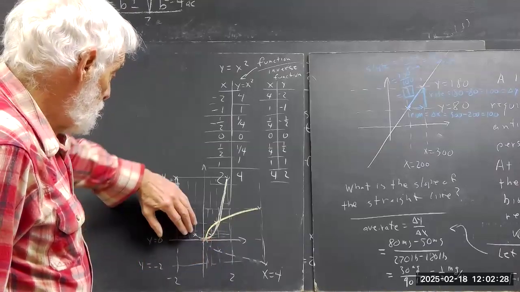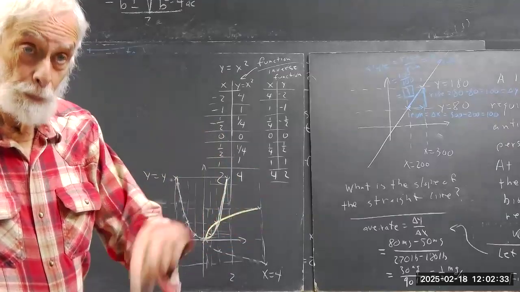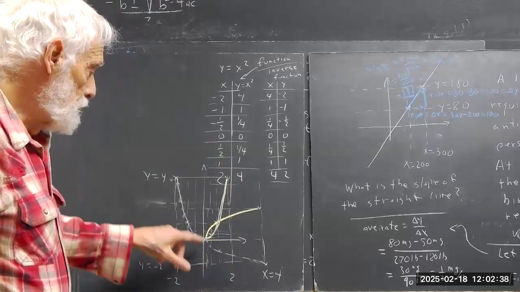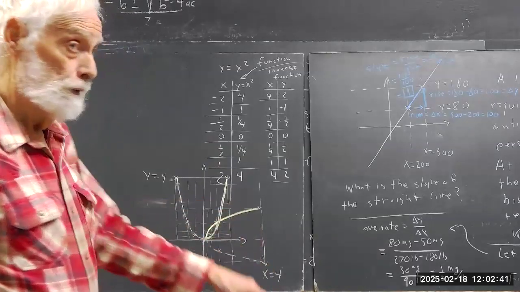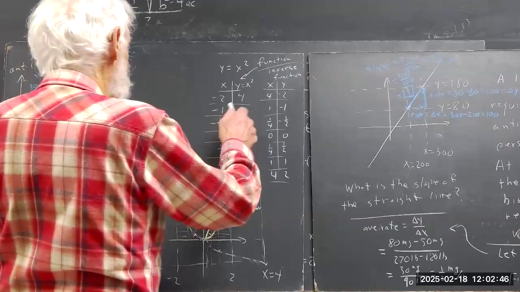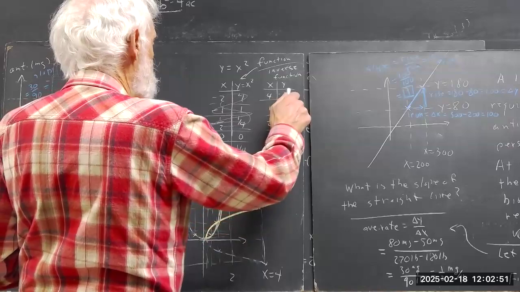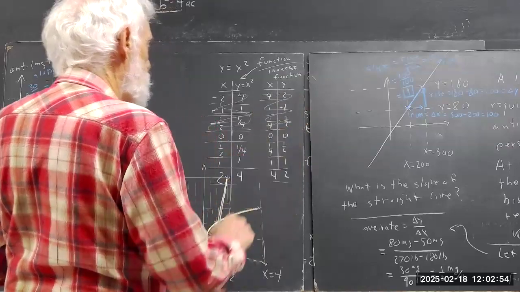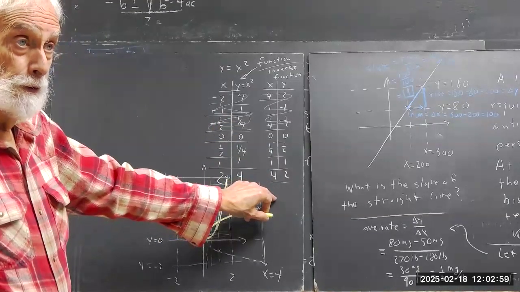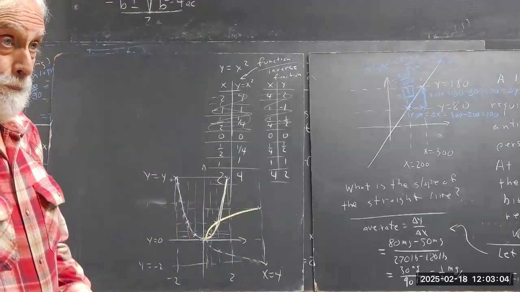If I remove this branch, the function is 1-to-1. Every horizontal line goes through the thing at exactly one point. There's exactly one x. I kind of cross out this part of this function. It's on a restricted domain. X has got to be greater than 0.